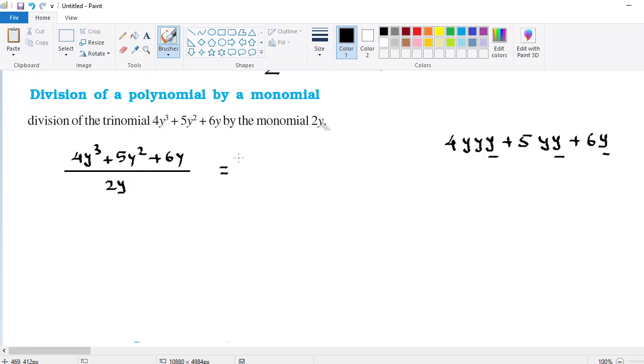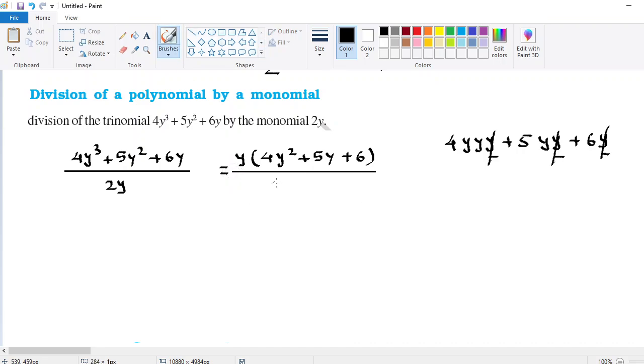So we can take this y common. After taking this y common, we will write these terms without y inside the bracket. So here we have 4y square, and this y we have written outside the bracket, plus 5y plus 6.